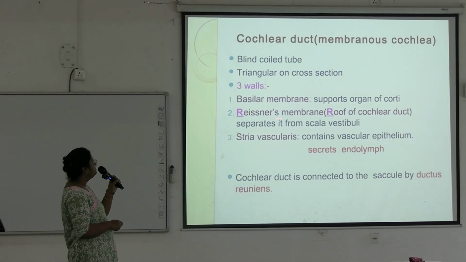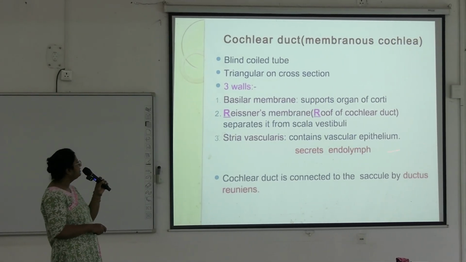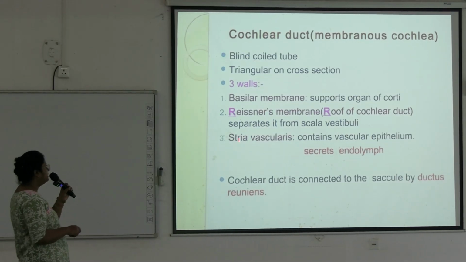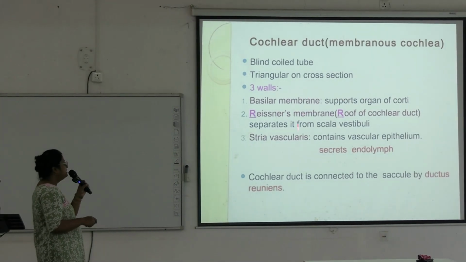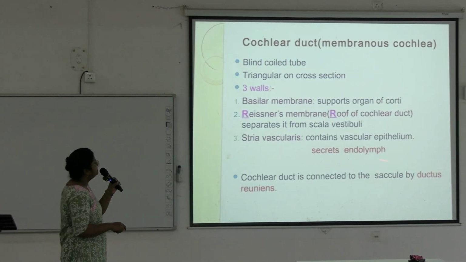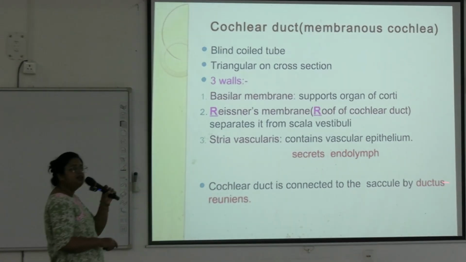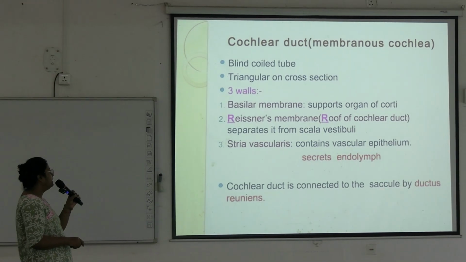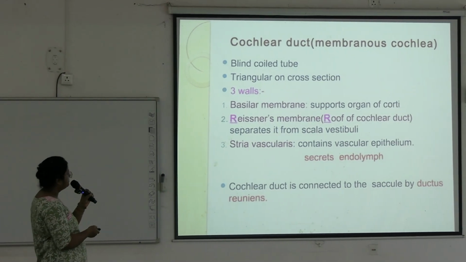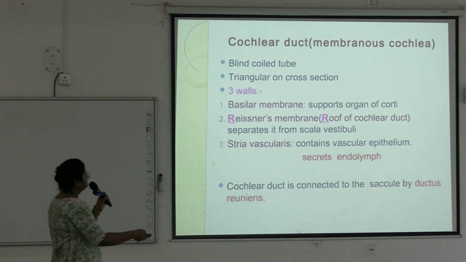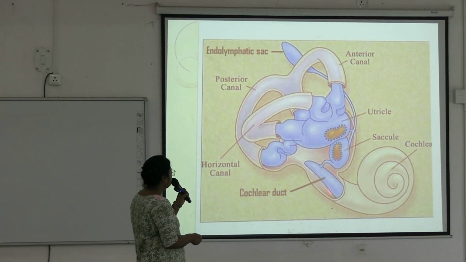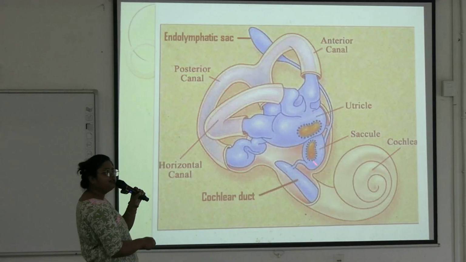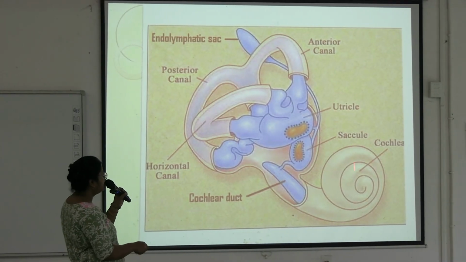One is Reissner's membrane, forming the roof of the cochlear duct and separating it from the scala vestibuli. And the stria vascularis contains the vascular epithelium and secretes the endolymph. The cochlear duct is connected to the saccule by the ductus reuniens. See, this cochlear duct is connected to the saccule via this ductus reuniens and it forms the scala media.